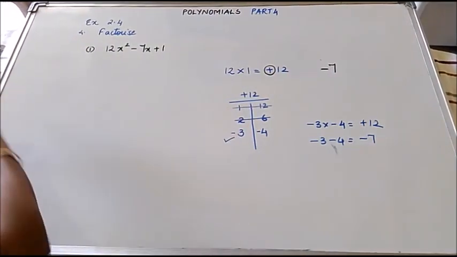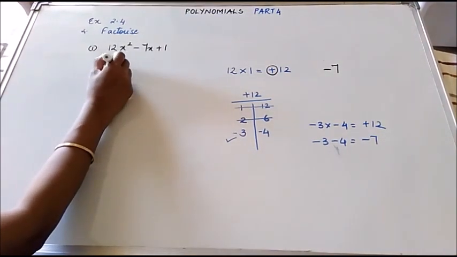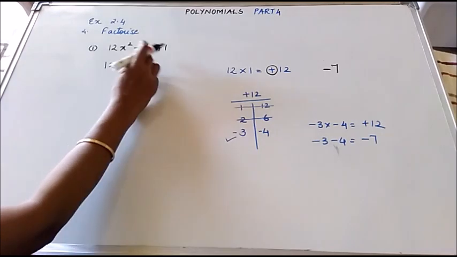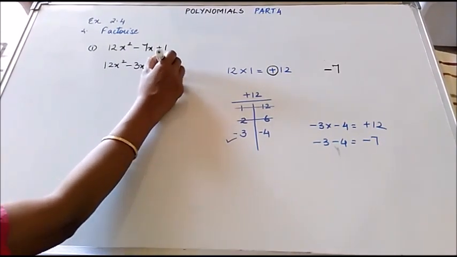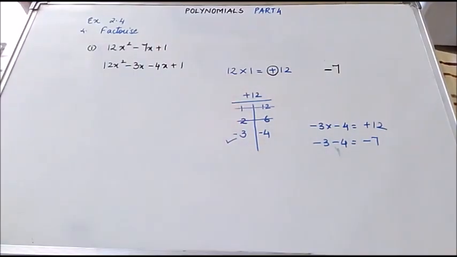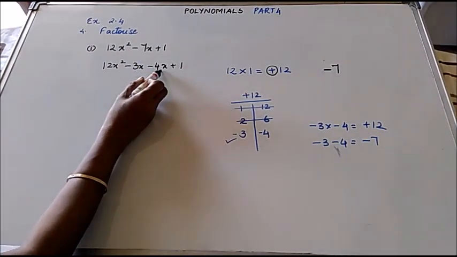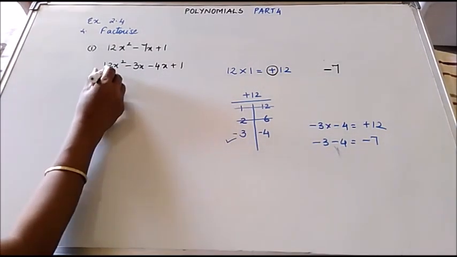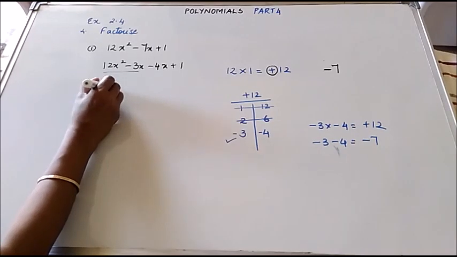So now coming back to the question, 12x square minus 7x plus 1. We rewrite this as 12x square, in place of minus 7x, we write minus 3x minus 4x plus 1. What have we done here? We have split the middle term into two terms. Now, what is common in the first two terms? 3x is common.